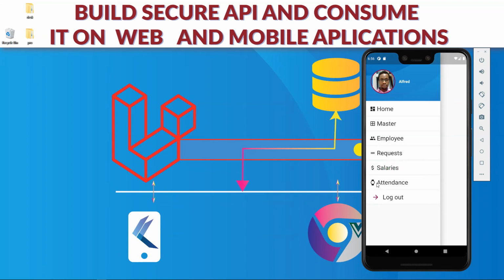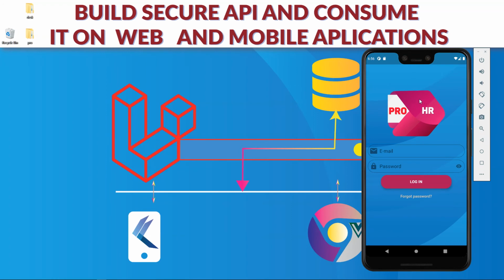We also have our logout implemented already, and when we hit the logout button, we are logged out successfully and brought back to our login screen. So that's the kind of application that we're going to be building in this course.